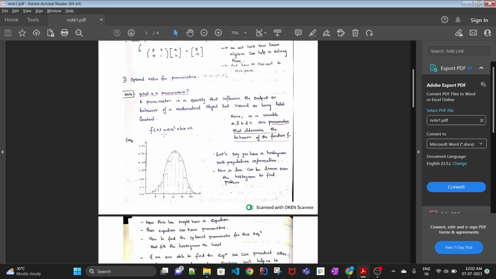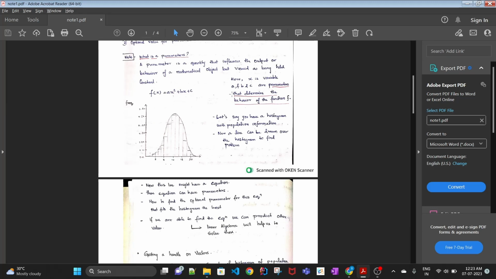Why? Because the values of a, b, and c determine the behavior of the function. As and when you change the values of a, b, c, the line will have a different formation. So a parameter is a quantity that influences the behavior of a mathematical object.